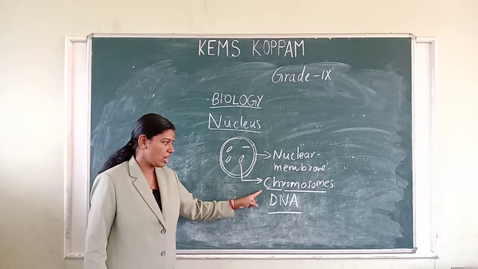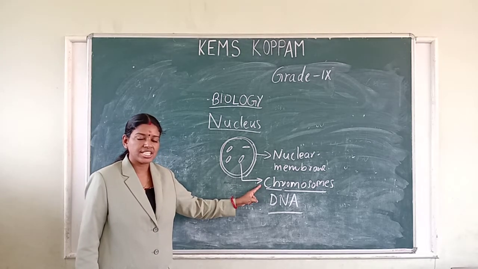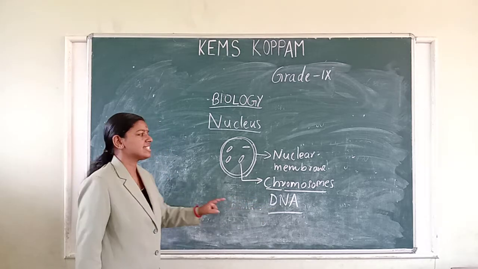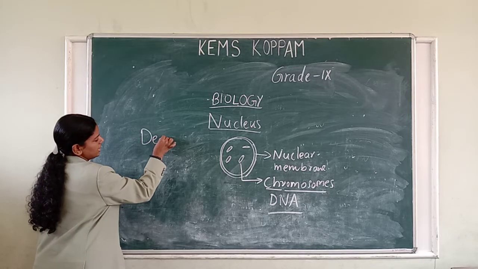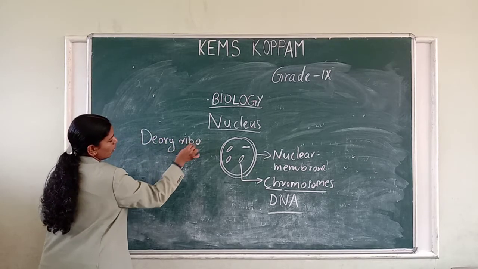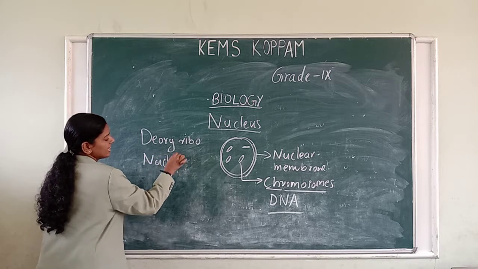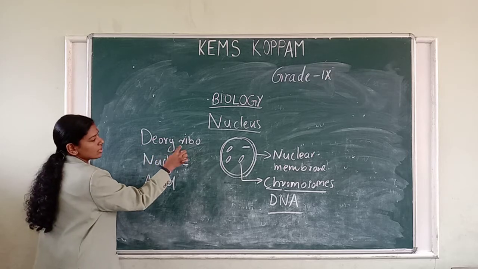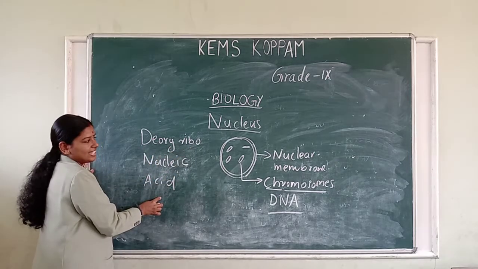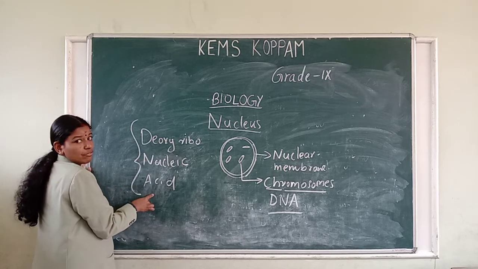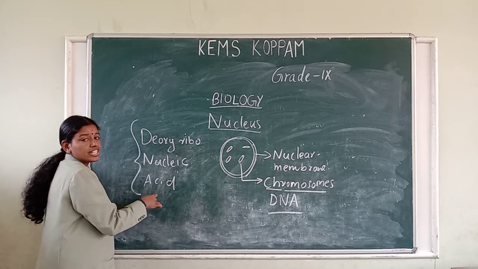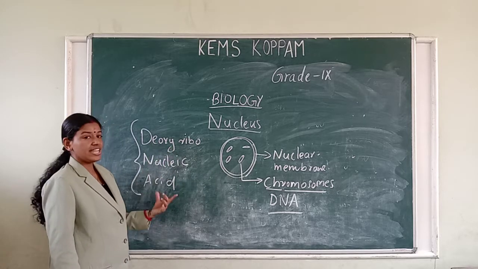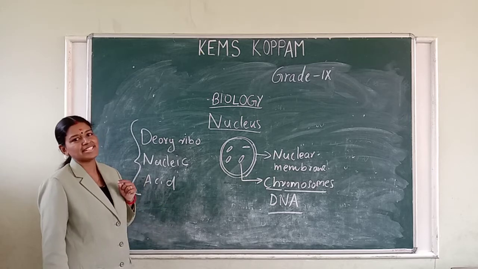What is DNA? DNA means deoxyribonucleic acid. So the inheritance or transfer of characters from parents to the child is by DNA. DNA is inherited.